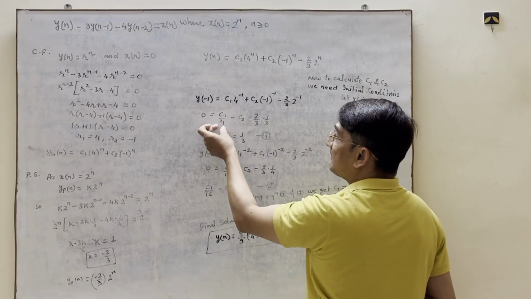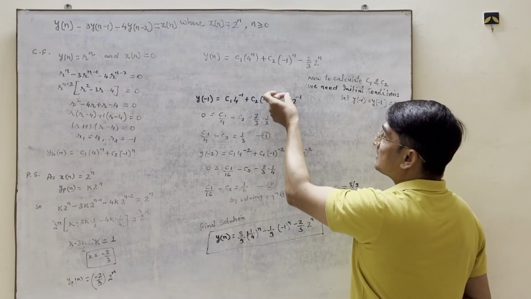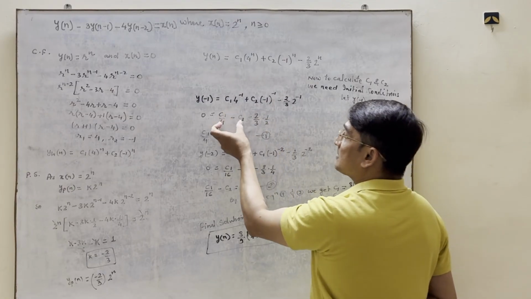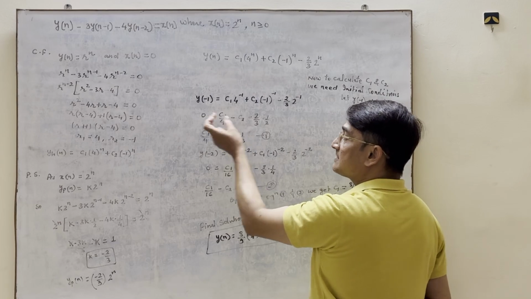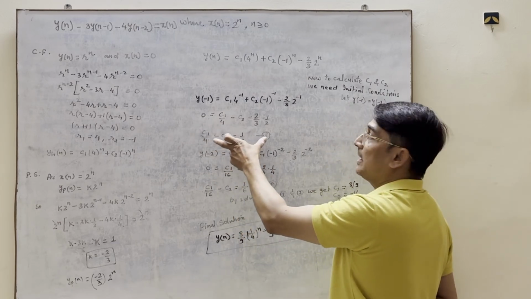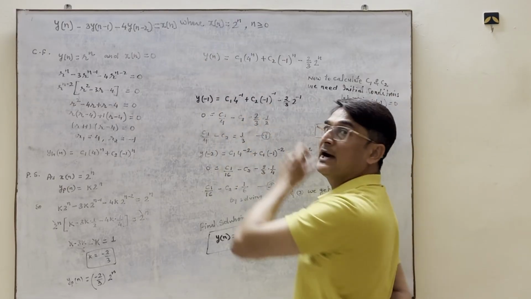So this equation will become y[-1] = 0. This will become c1 by 4, this will become minus c2, and this will be minus 2 by 3 into 1 by 2. 2 gets cancelled, so this is 1 by 3. So this equation can be written as c1/4 - c2 = 1/3. This will be our equation number 1. Now similarly, replace n by minus 2.